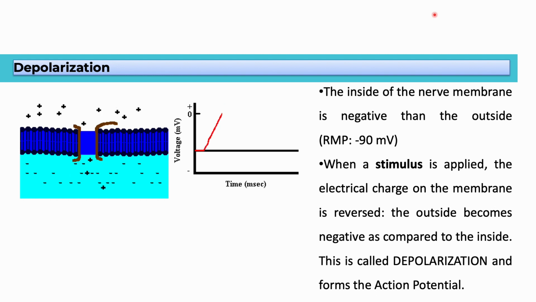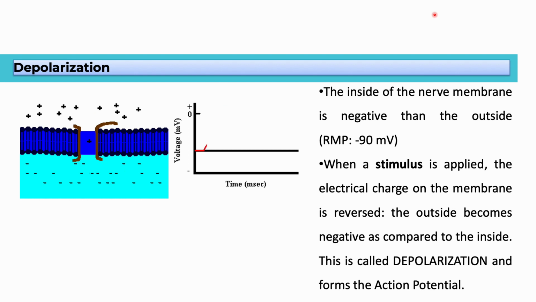Why does this happen? This happens due to the differential permeability of the cell membrane to different ions, such as potassium and sodium. When a neuron is stimulated by an external signal, such as a neurotransmitter or a sensory input, ion channels on the cell membrane open and allow ions to flow across the membrane. In the case of depolarization, ion channels that allow positively charged ions such as sodium to enter the cell are activated.